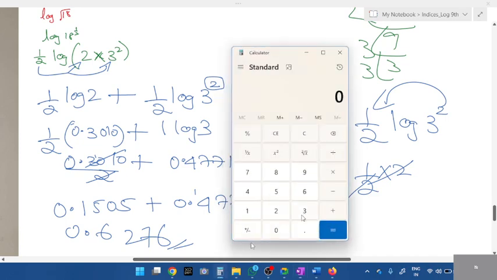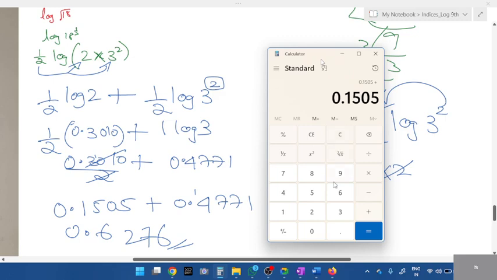Okay, let me check. 0.3010 divided by 2, this is fine, plus 0.4771. Is it 75, Dia? 0.6276. How come 76? What is the value for log 3? Is it 0.4770 or 71?